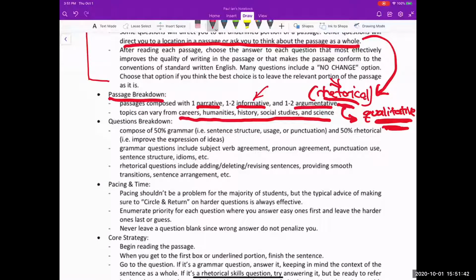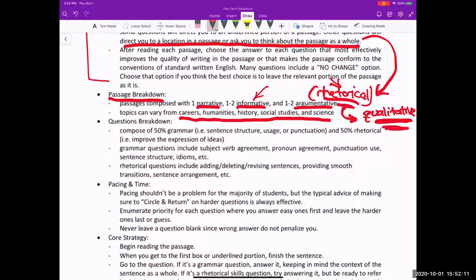A lot of us have a certain favorite in terms of what genre we like to read, and when you like something, you understand it better, right? But you shouldn't focus only on those, because this test is very general. You're going to be tested on all of these. So even if you don't like history, try to engage more in that. That's what I've done.